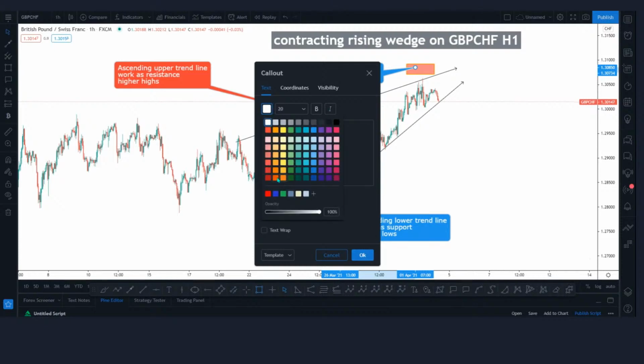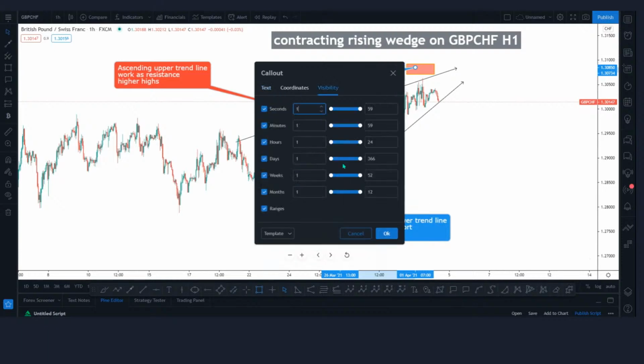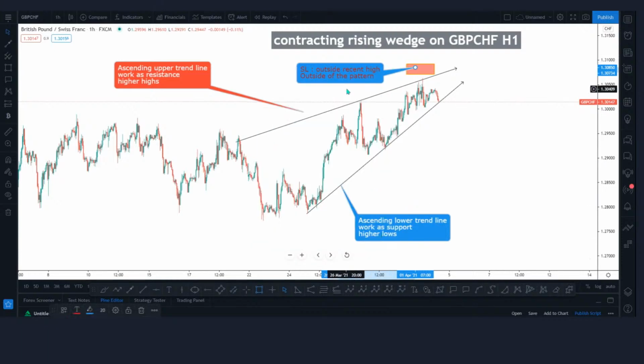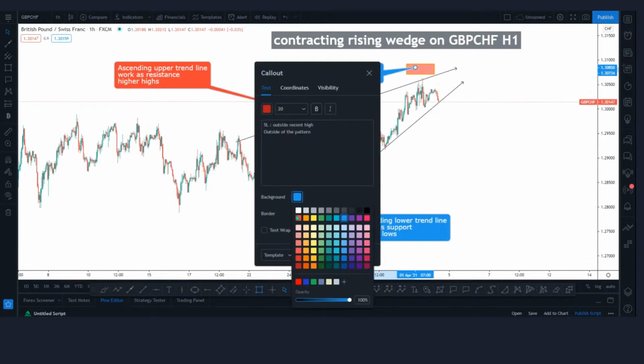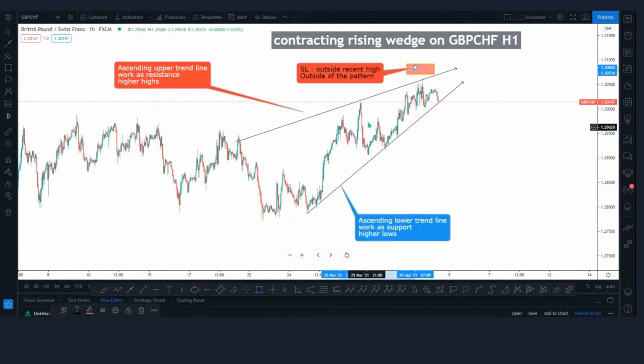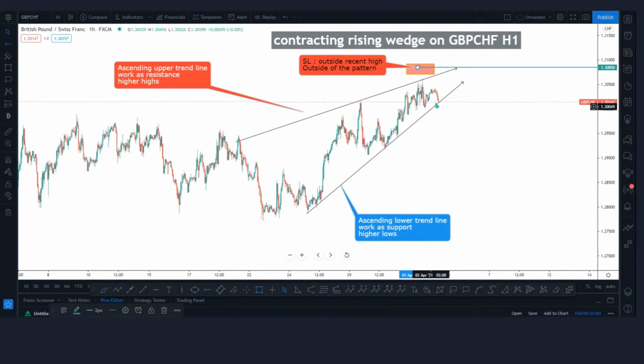I'm going to make this red because it's a stop loss, and that's black. So you guys get to know where the stop loss is. I'm just going to highlight it for you right here. So this is the entry of a sell with this breakout. So this is the sell entry.